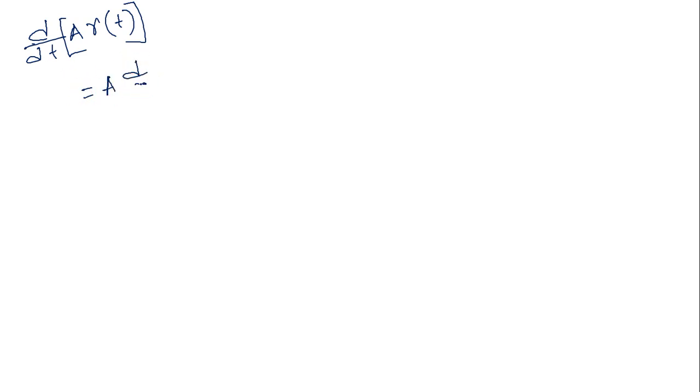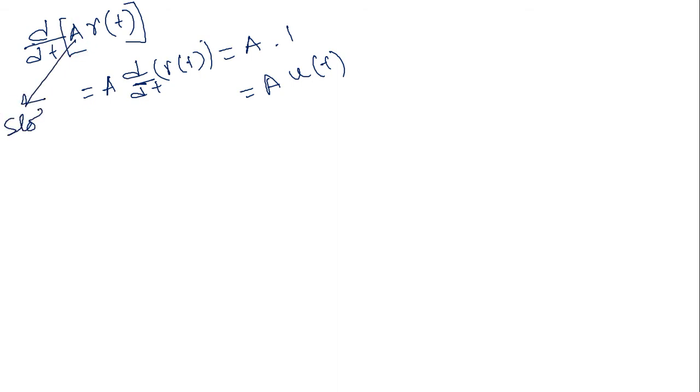So a d/dt of r of t, which is t, equals a into 1, that is a into u of t. So whenever a coefficient a is present with r of t, the a is the slope. When coefficient a comes with u of t, the coefficient is the value or amplitude.